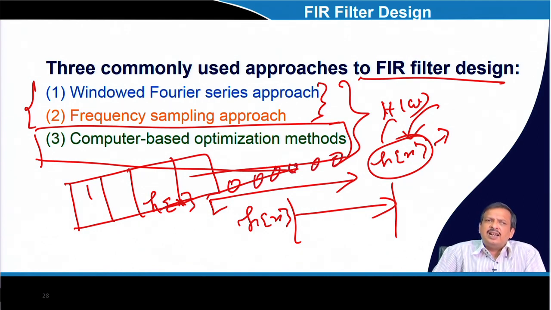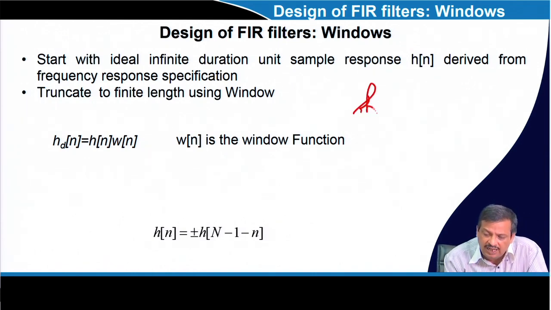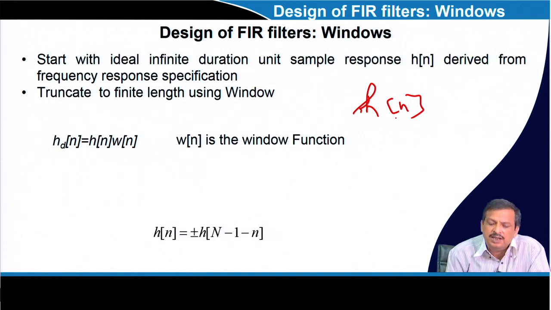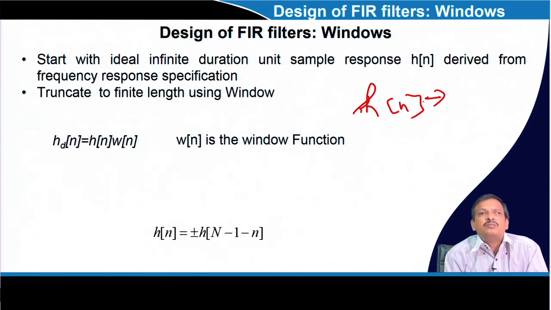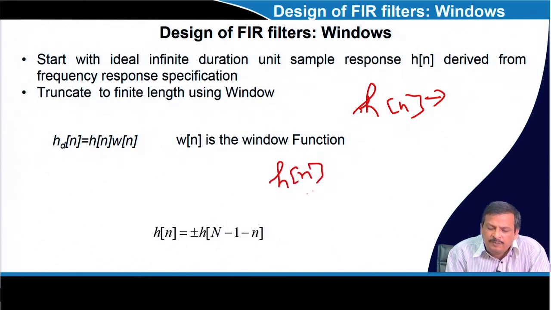Then only I can say I have taken a finite impulse response into consideration, not an infinite one. So, my filter impulse response h of n is derived, although it is infinite, but I cut it to some length using a window function. I use a window function to truncate the infinite impulse response to a finite range.